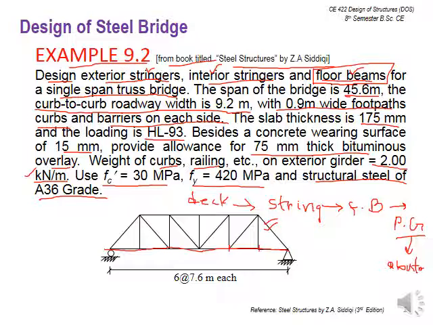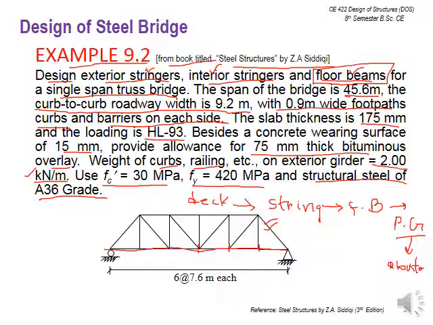But for your case, you have to replace the trusses with plate girders at the same distances as the panel points, and you have to design your plate girder, because that design of the plate girder you have done earlier. Also in example 9.1, we didn't go for the design of the plate girder because you have done it earlier. You have to design your stringers as simple beams. It was a beam girder bridge, not called a plate girder.